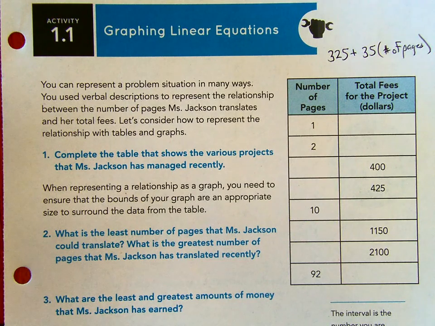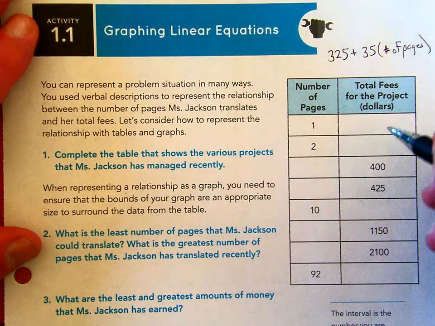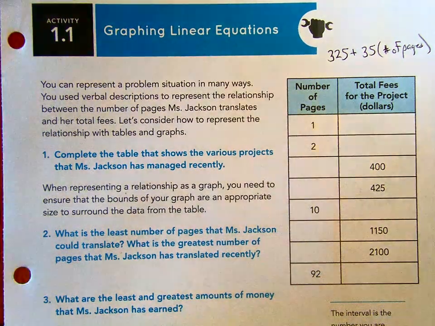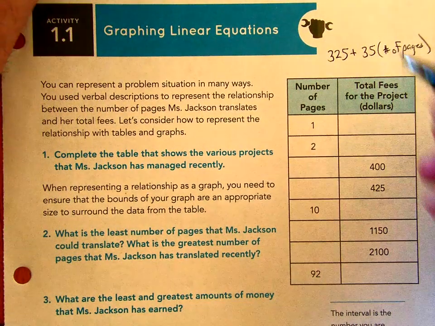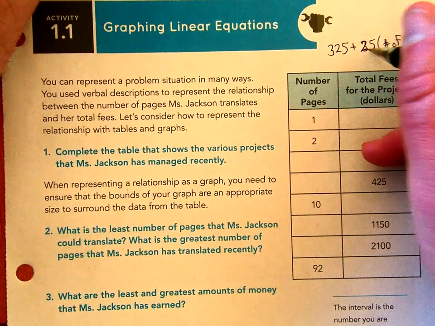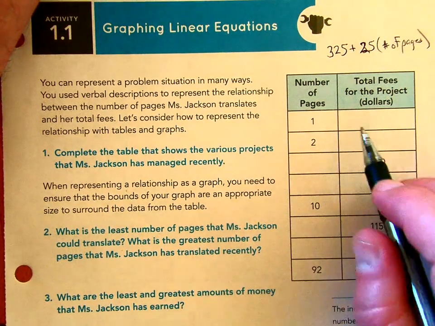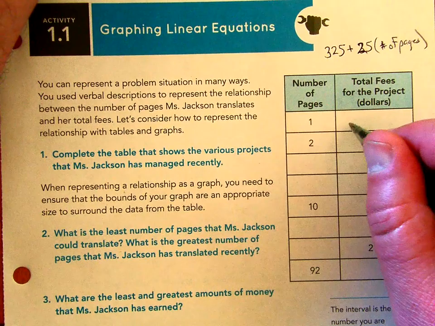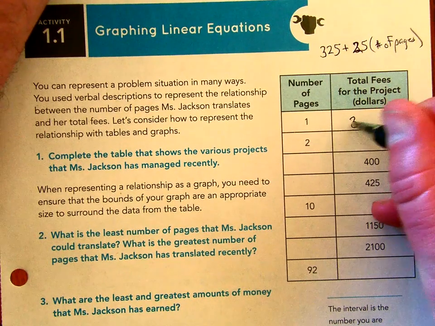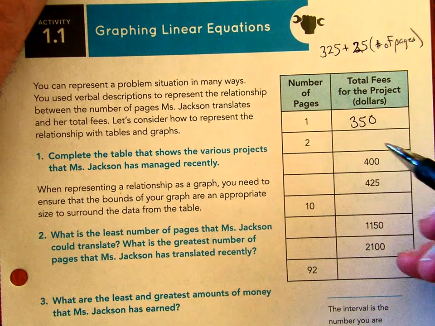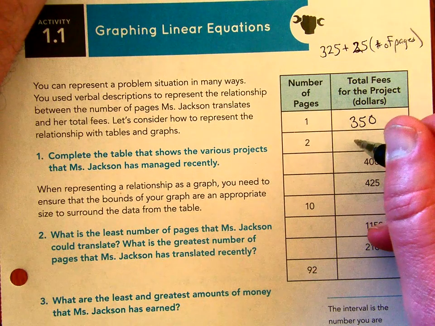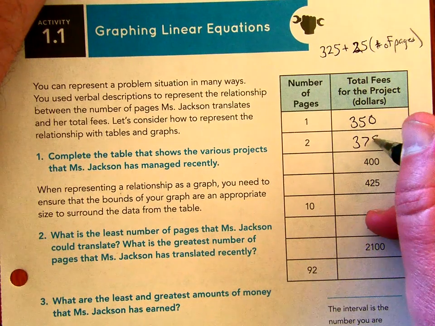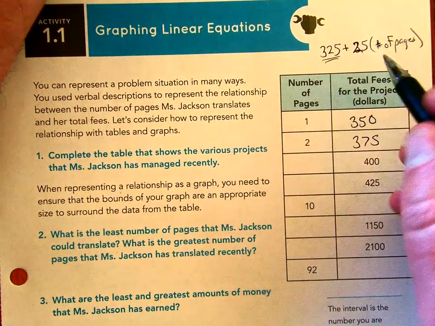If she only translated one page, this would be $325 plus $25. She would charge you $350. If she translates two pages, that's $375, because it's the $325 plus 2 times 25, plus 50 more.